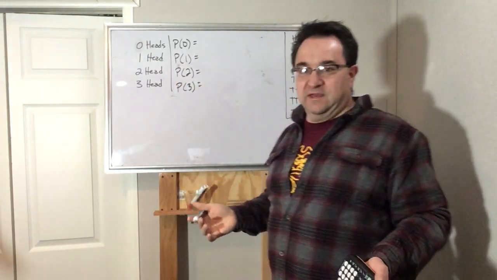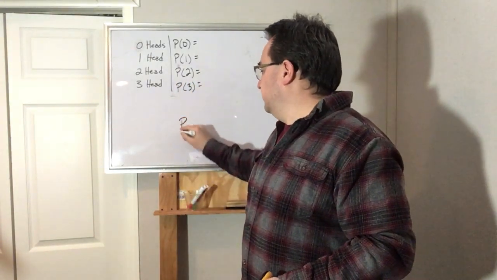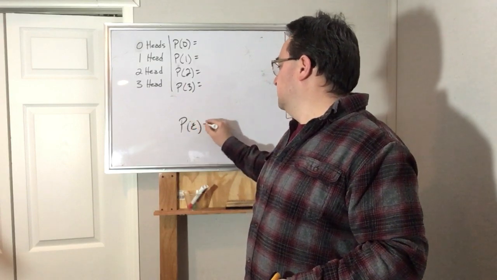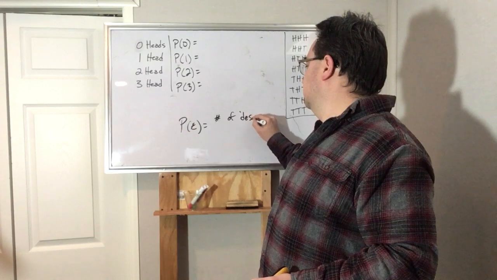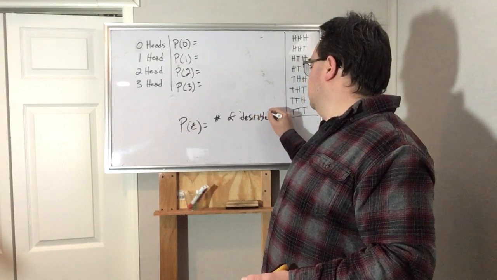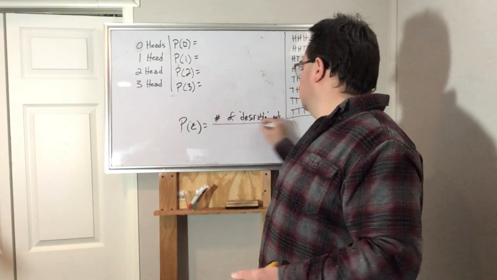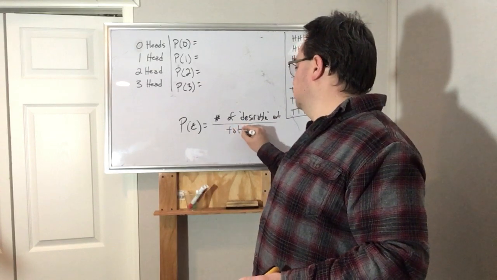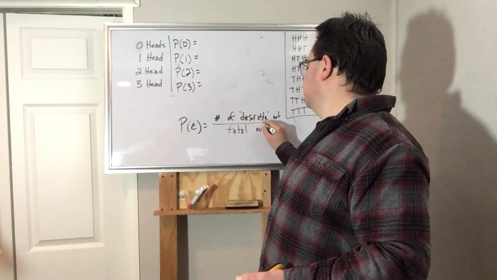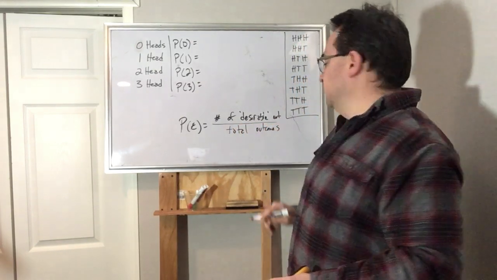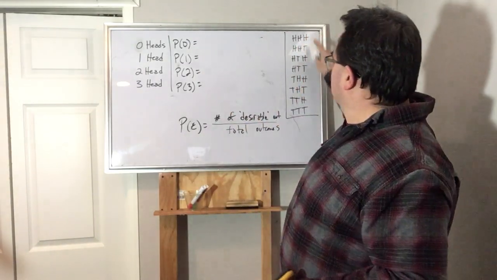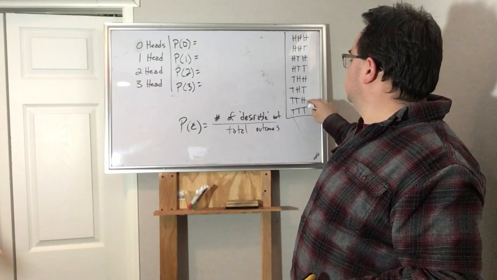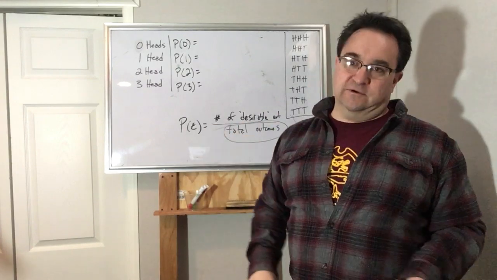Now, how do we figure that out? Well, the probability of an event is the number of desirable outcomes divided by the total outcomes. Remember, that's our basic definition of a probability. So in this case, there are 1, 2, 3, 4, 5, 6, 7, 8 total outcomes.